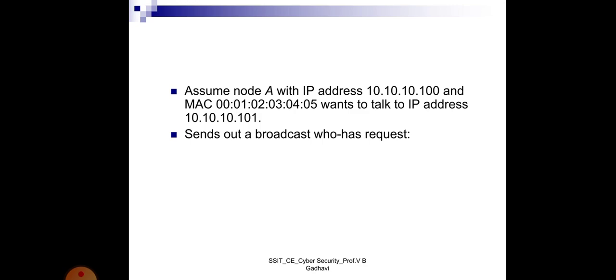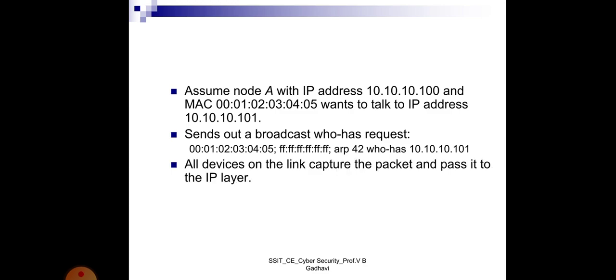Here we assume node A sends a request to a MAC address. Here you see the first one, the IP address requested to the MAC address for some kind of transmission or communication of data.